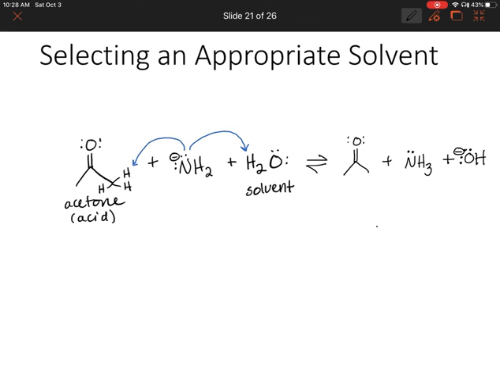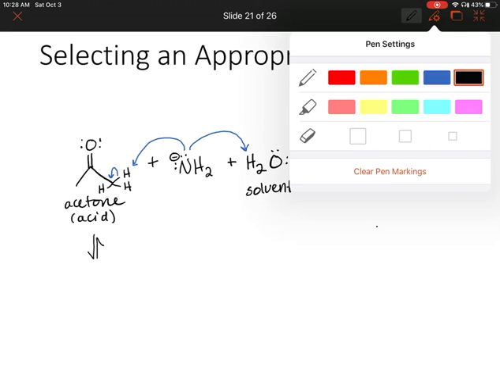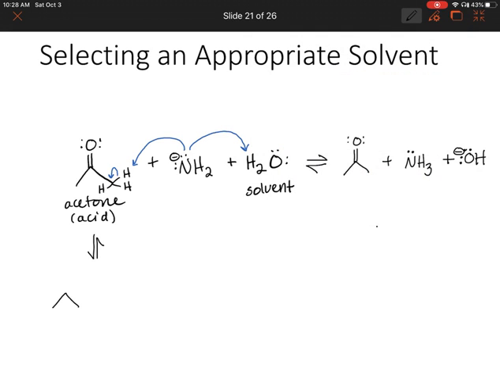Now, what would happen if we take a hydrogen from acetone? Well, we would end up leaving the shared electrons on carbon on the very end. So we would get an anion. And then we would also end up with NH3 because NH2 took a hydrogen. And then water is left untouched, so that would just remain water.